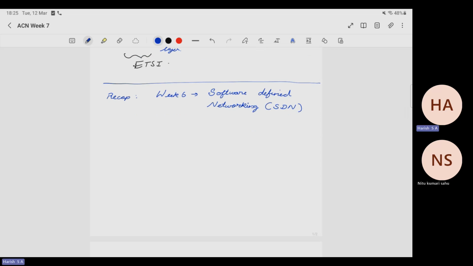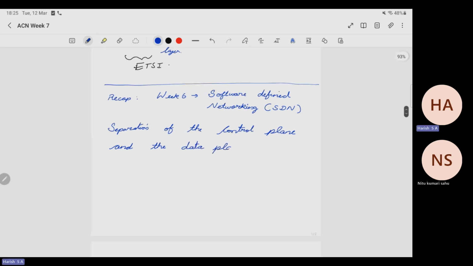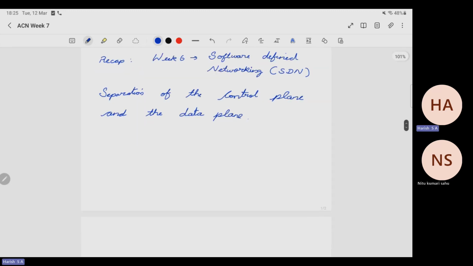The key concepts that we saw were the separation of the control plane and the data plane. There is this control plane and there is this data plane.